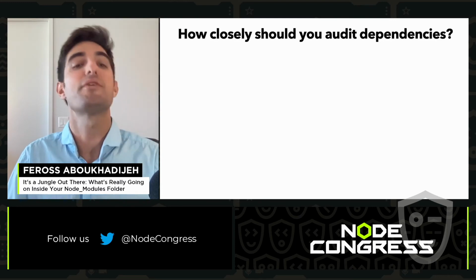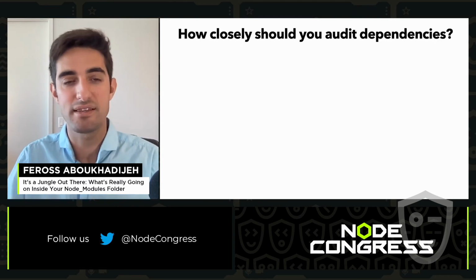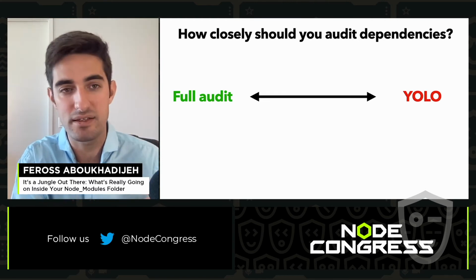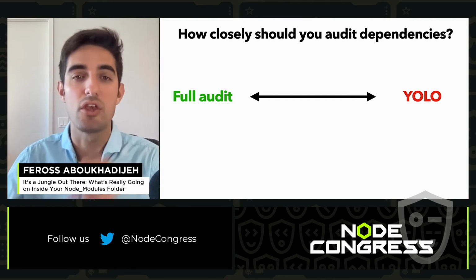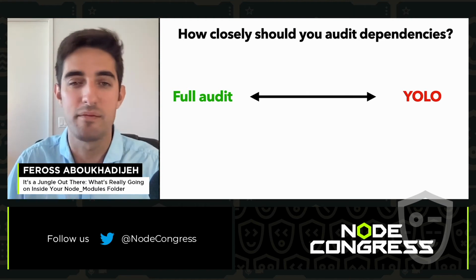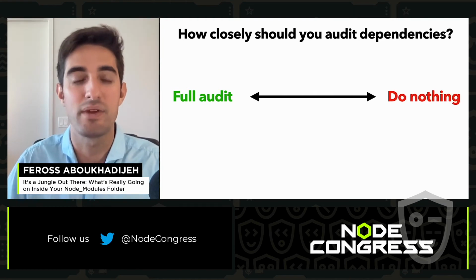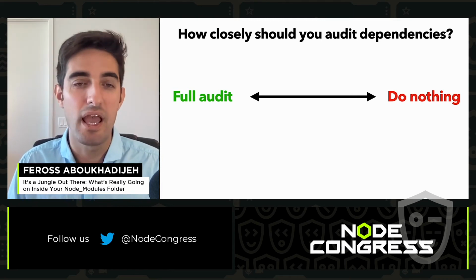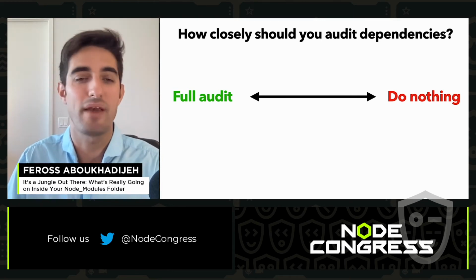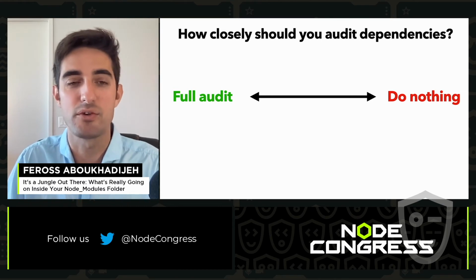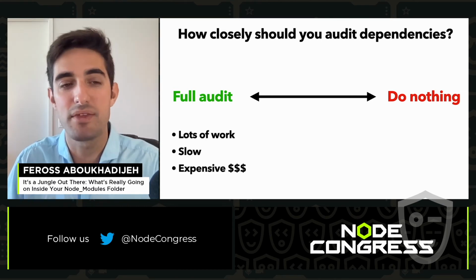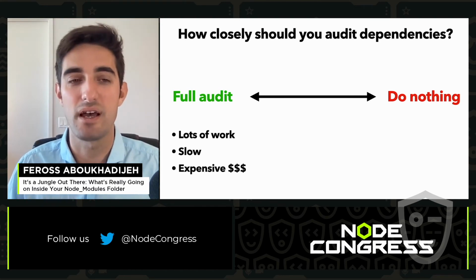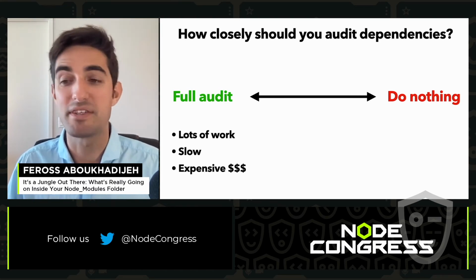So if we again put this on an axis, starting from full audit on the one hand, reading every line of code, to YOLOing on the other hand, and by YOLOing, I mean doing nothing: how closely should you audit your dependencies? What you see here is that we're in the same situation. We have trade-offs and really no good solutions. Doing a full audit is something that only the biggest and richest companies seem to do in practice. It's a lot of work.